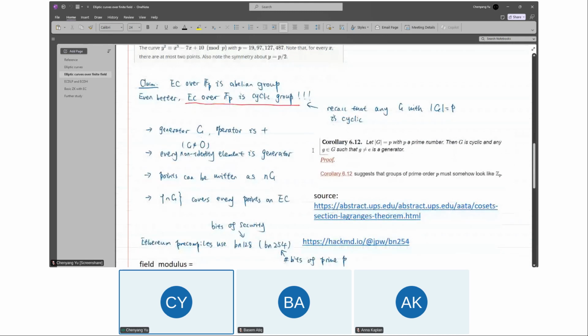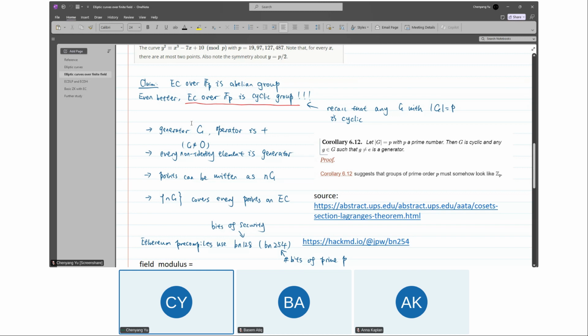Here I'm making a claim: EC over a finite field is an abelian group, and even better, a cyclic group. Recall why it is a cyclic group, because we covered Lagrange last time. A corollary of Lagrange says any group with order p, where p is a prime, is cyclic, and anything other than the identity is a generator.